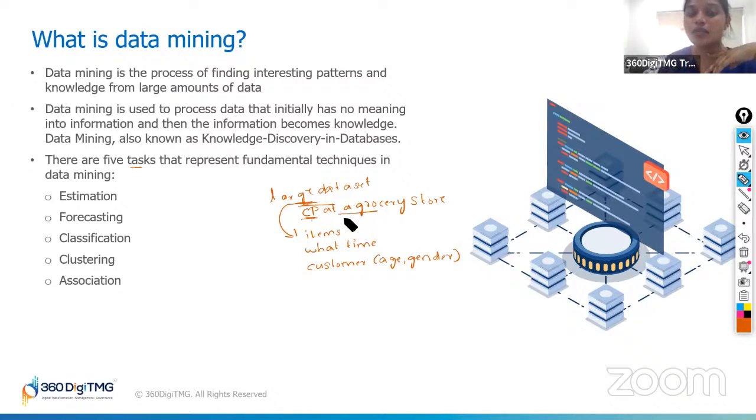So we are dealing with customer purchases. The data set contains details of what items are purchased, at what time most of the purchasing is happening, and the customer demographic information, like age and gender. Now, what is the purpose of data mining that we have discussed? Data mining is used to analyze large amounts of data.